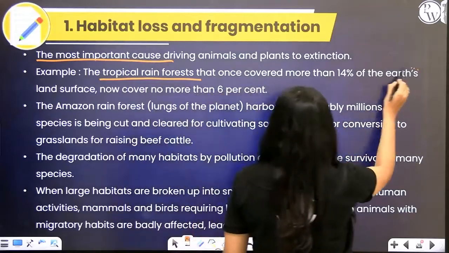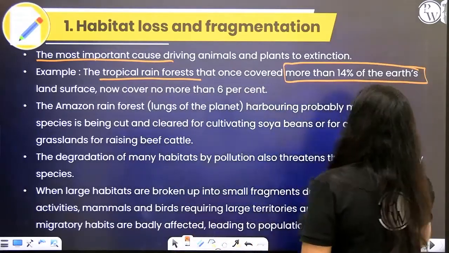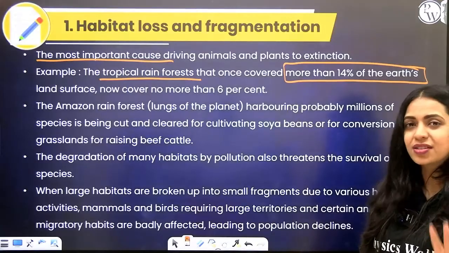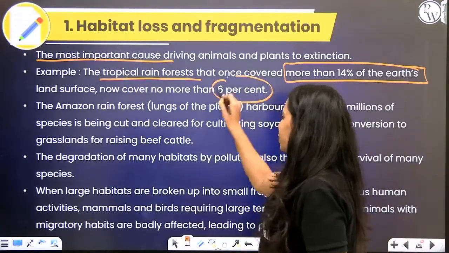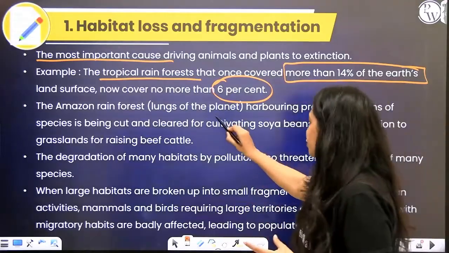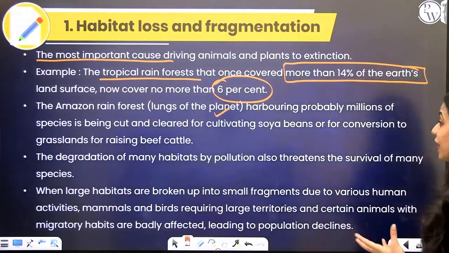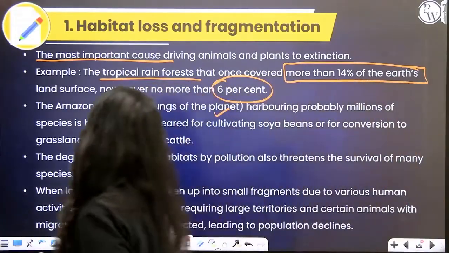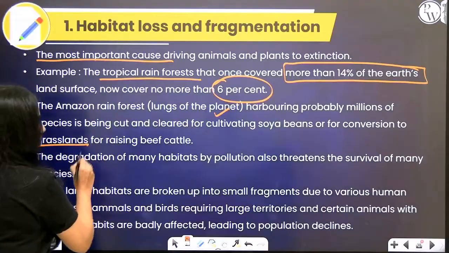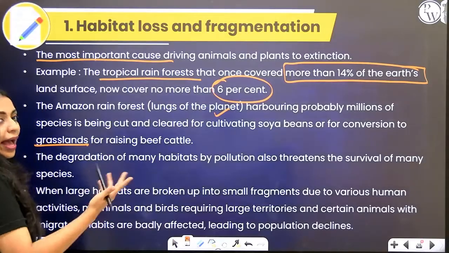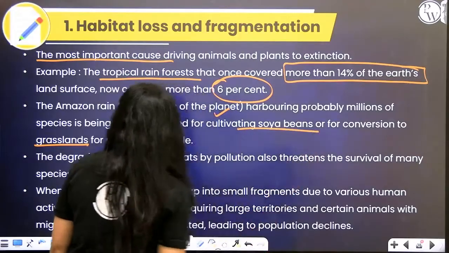One example for that is the Amazon rainforest or the tropical rainforest that once covered more than 14% of the Earth's land surface, covers just about 6% now. Like I already mentioned, Amazon rainforest is called the lungs of the planet. It probably harbors millions of species and is being cut at a very, very rapid rate for converting that forest into grasslands and for cultivating soybeans over there.